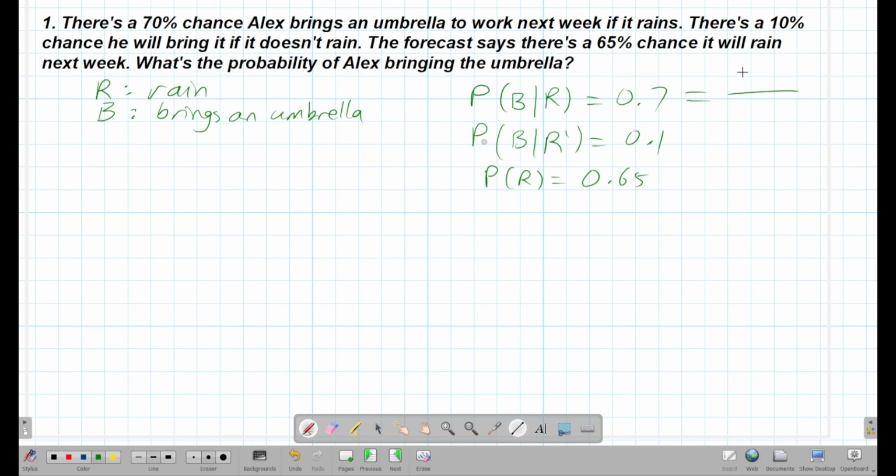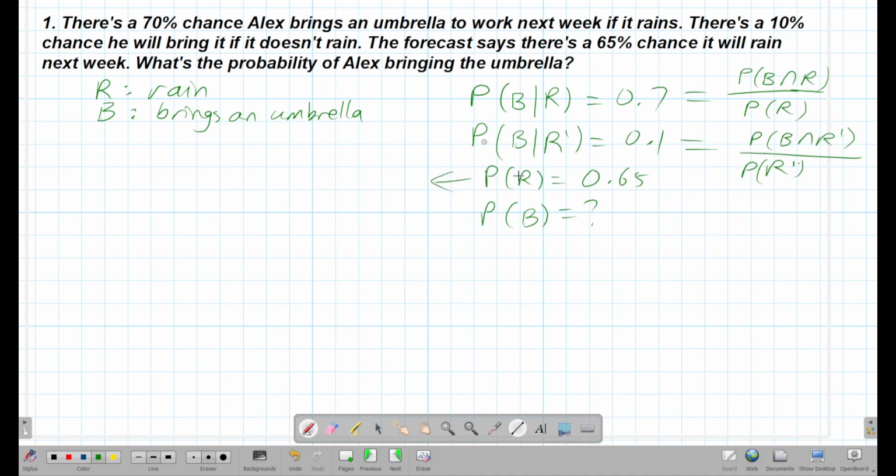So you can use the conditional probability formulas. So this is going to be probability of B and R. Oh, sorry, I forgot. We're looking for the probability of just B. So this is B and R. This is going to be the probability of R, and then this is B and not R. This is going to be the probability of not R. So you could do it this way, and that's fine.